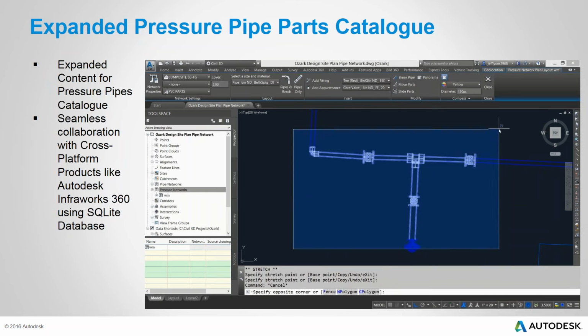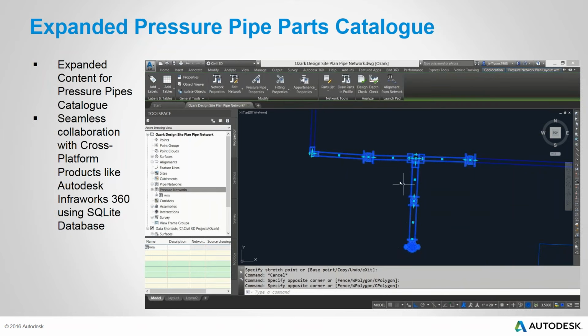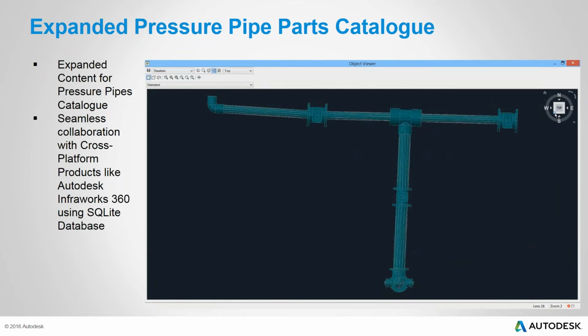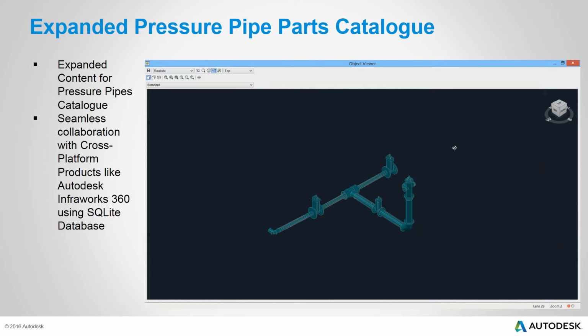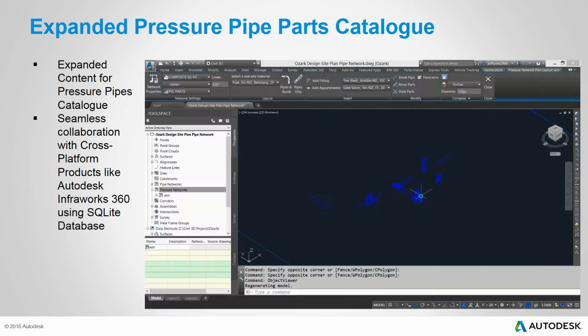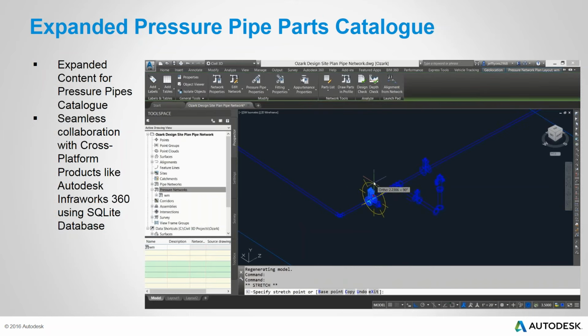So now as a check, we can just view the network in Object Viewer, and we can see it in 3D and see all the solids. So if we just change the view there to the same one that we had in the Object Viewer, we can resize or relocate the features as needed in the 3D orientation as well.